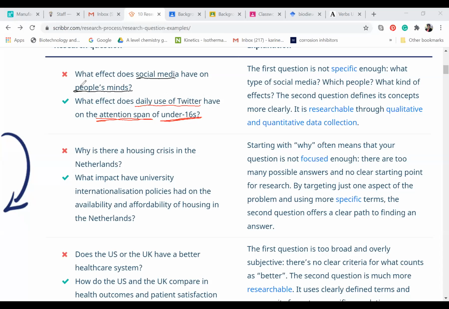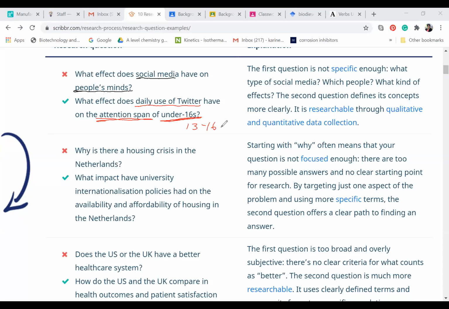And then we are not talking about people, we are talking about under 16s. Here we could have gone even more specific. We could have said children, let's say 13 to 16-year-old, we could have even specified females or males.